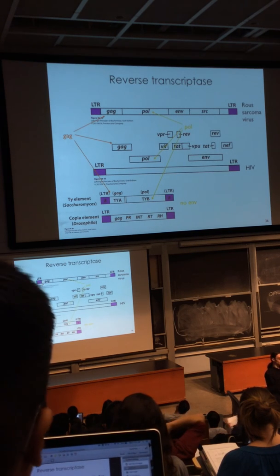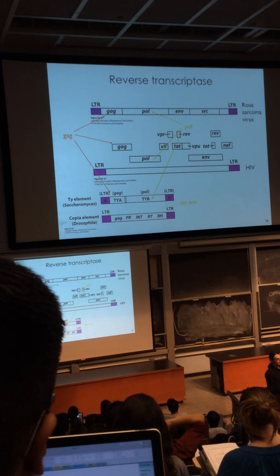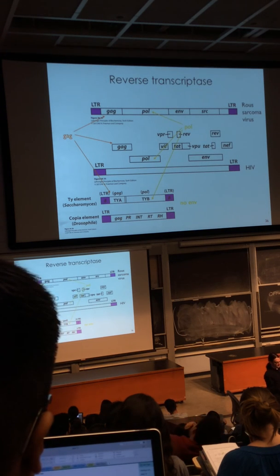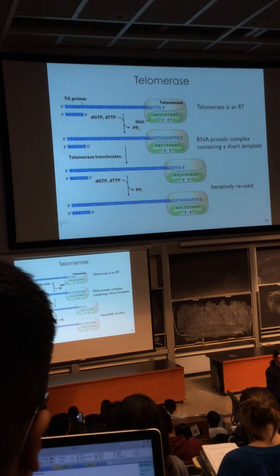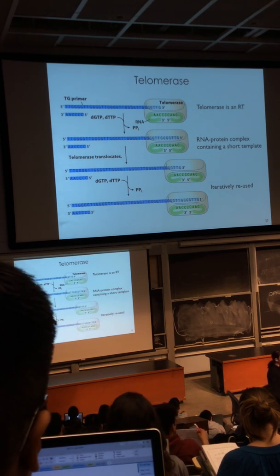There is a specific, prominent reverse transcriptase that's encoded by a normal cellular protein, and that's telomerase. We mentioned this before, and it solves a problem that comes up in lagging strand replication.